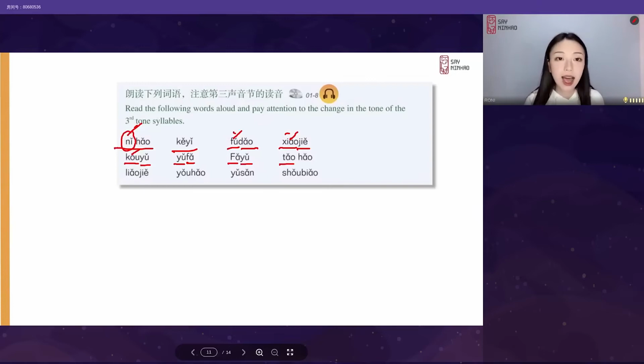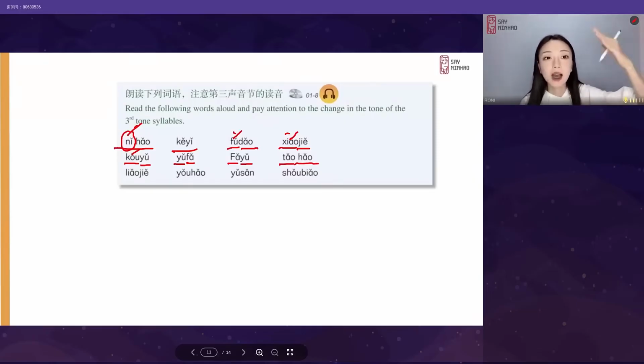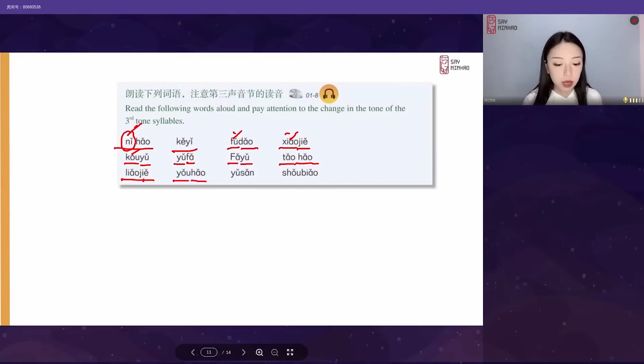Next one is 讨好. We should change 讨 into second tone, so it becomes 讨好. Next is 了解. We should change 了 into second tone, so it becomes 了解. Read after me please. 了解. Next one, 友好. We should change 友 into second tone, so 友好.